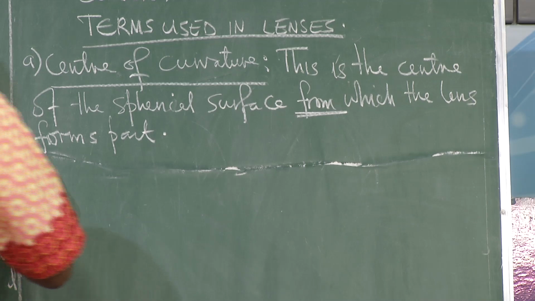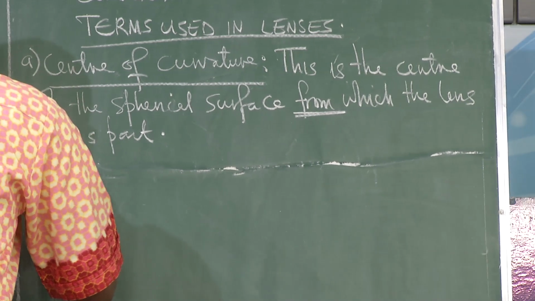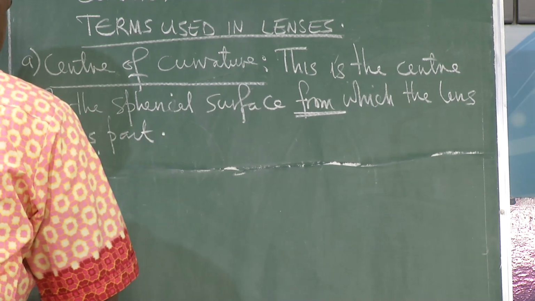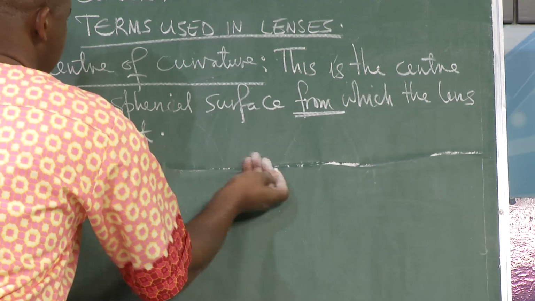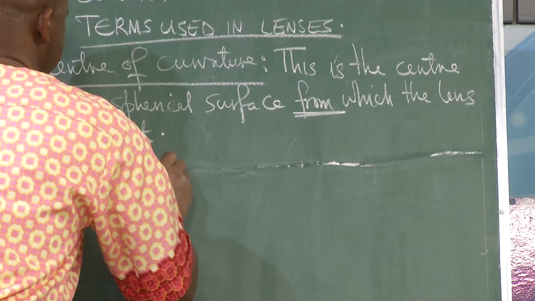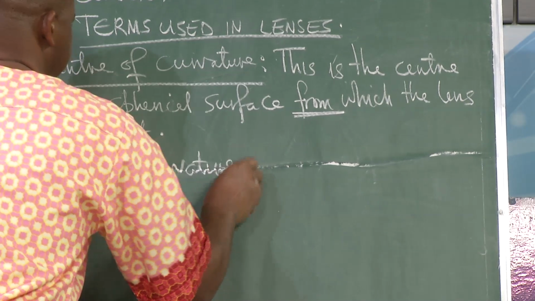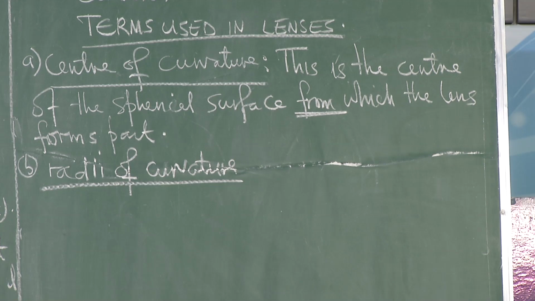The second term is the radius of curvature, and we are going to look at both of them. Remember, we said that a lens is formed by two spheres combining, so we can look at this as radii. But even if they said radius of curvature, the candidate should be able to define it singularly.